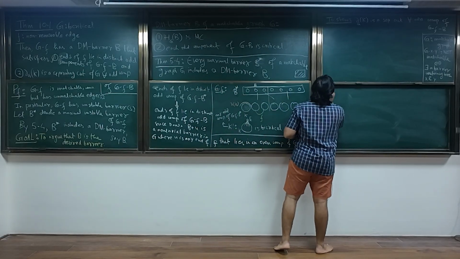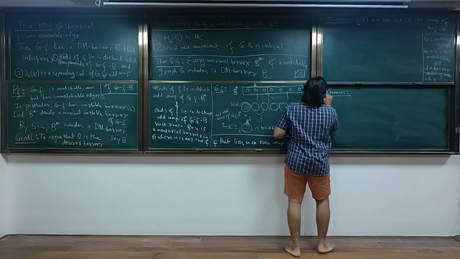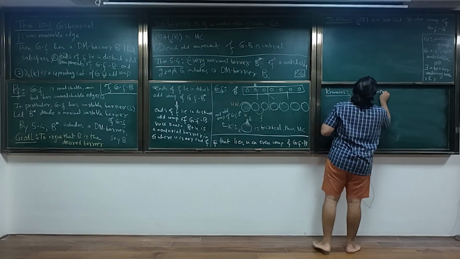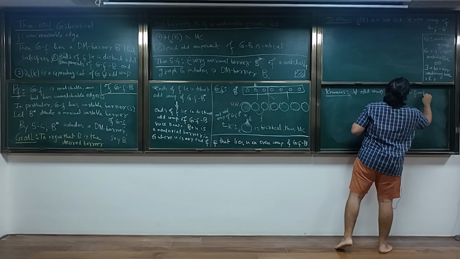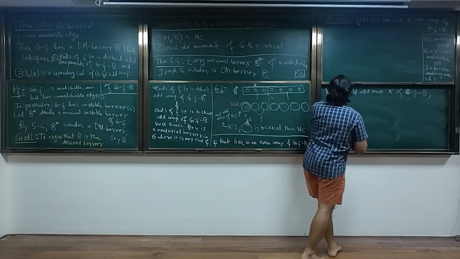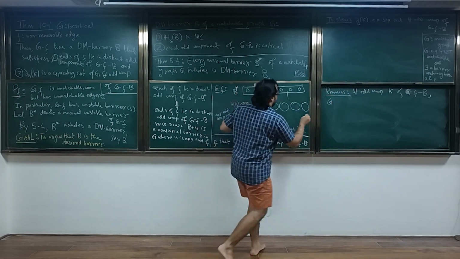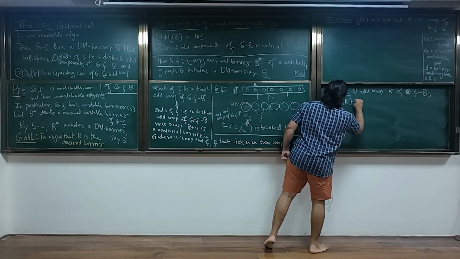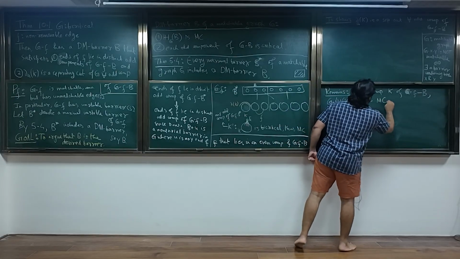So what remains is the following: for each odd component K of G minus F minus B, the graph G where I shrink K to a single vertex is matching covered.